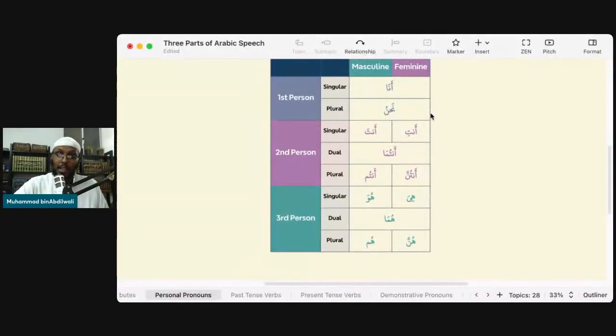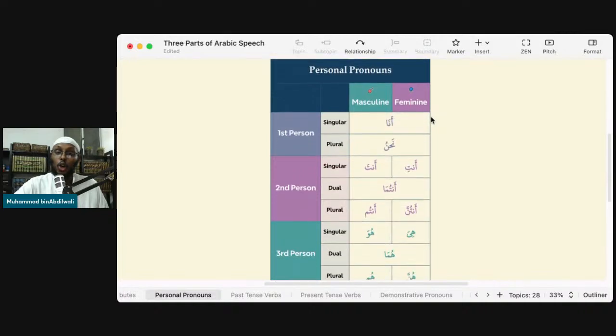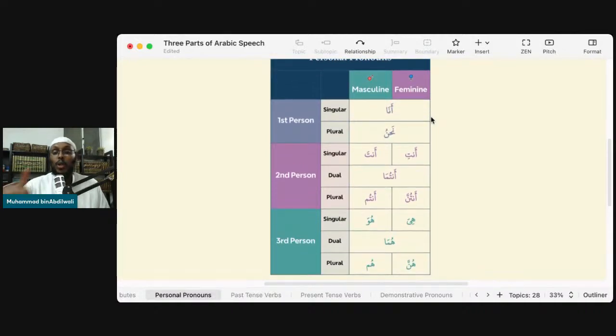And once you understand what pronouns are all about, you will, going forward, understand who the doer of a verb is. Because the doer of the verb, like we said in Arabic, is always connected to a pronoun. It always points at the pronoun.